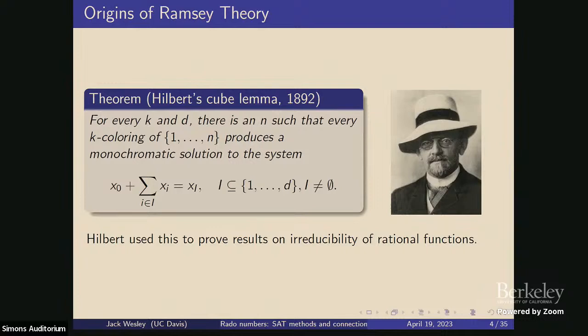And the system describes an affine cube of integers. And Hilbert proved this while he was studying irreducibility of rational functions, so more of an algebraic motivation. And the joke here is that it's a shame that Hilbert didn't really study these coloring principles further, otherwise he could have been famous.